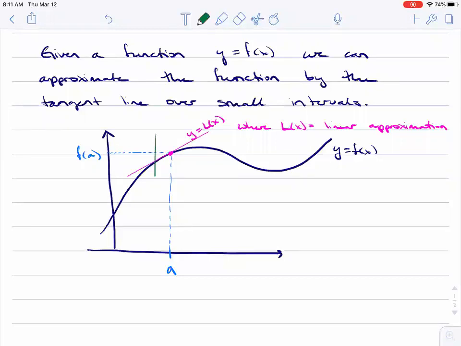Looks like for a between maybe these values, this linear approximation would do a decent job of approximating the curve.